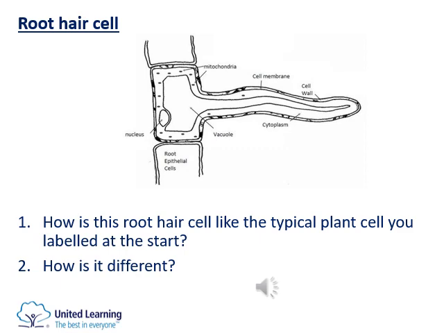What parts does it have in common with the cell you labelled in the Do Now task? If I was to give you an example, I'd say that both of them have a nucleus, because I can see the nucleus is highlighted on the diagram above, and we recognise that the nucleus was on the diagram in the Do Now task as well. We said it contains the DNA for the cell.